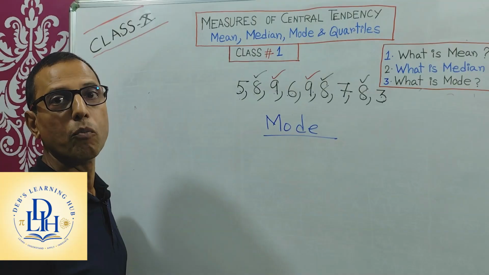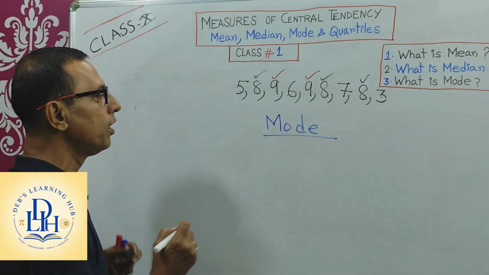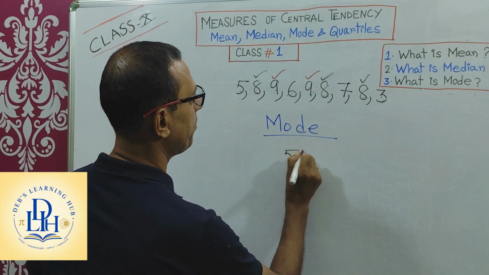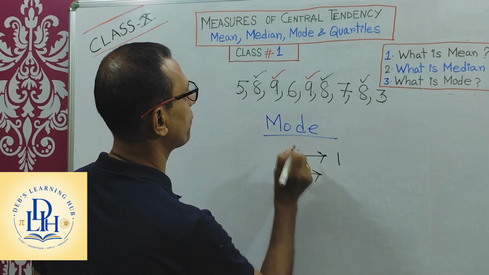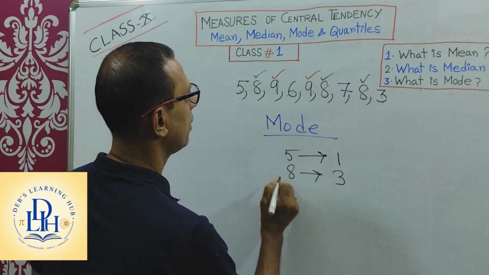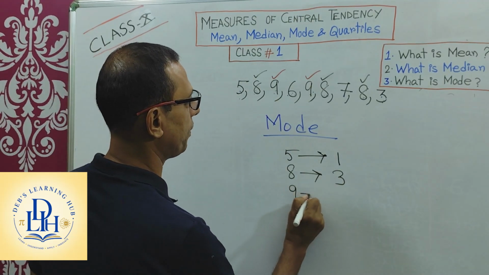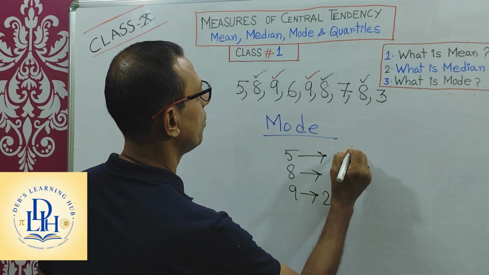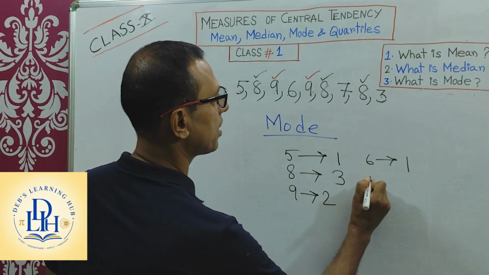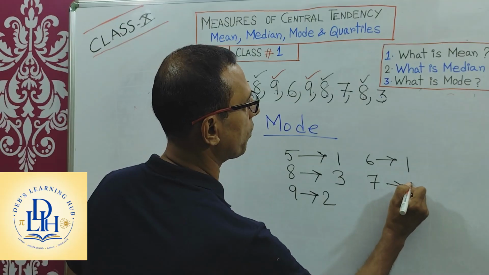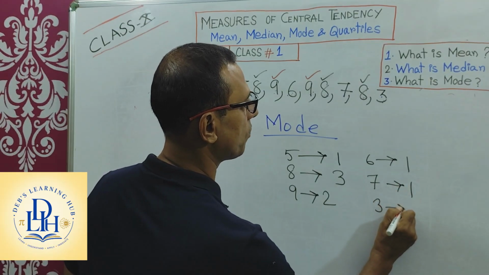Here you can see for 5 the frequency is 1, for 8 the frequency is 3, for 9 the frequency is 2, for 6 it is 1, for 7 it is 1, for 3 it is 1.